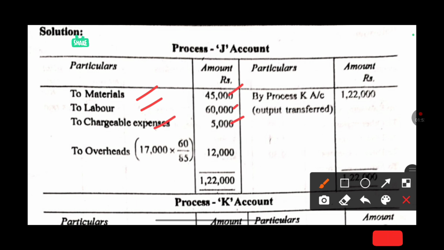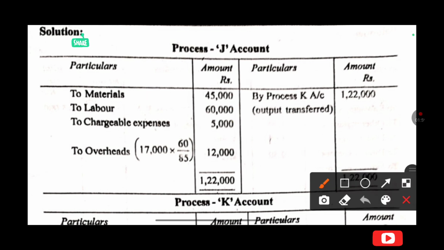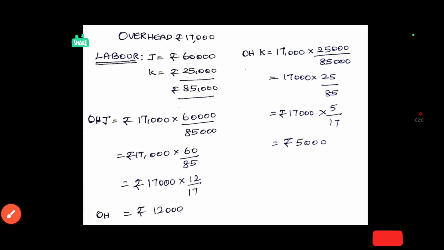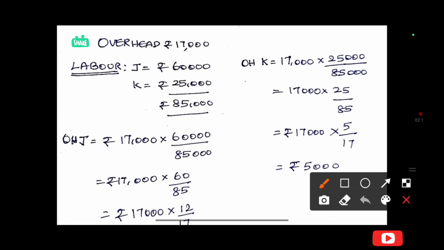After entering these items, the overhead, 17,000 rupees, is to be calculated, that means apportioned on the basis of labor. Let's calculate J's overhead. Commonly they have given 17,000 rupees as the overhead. So let's find out the ratio for labor.